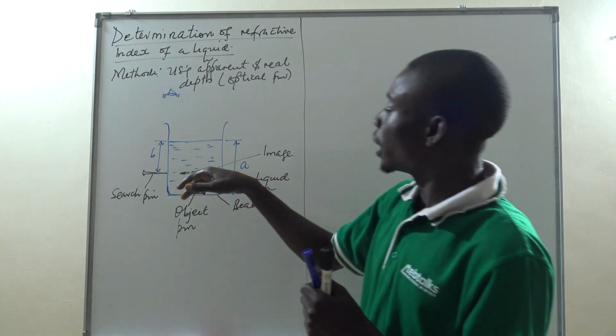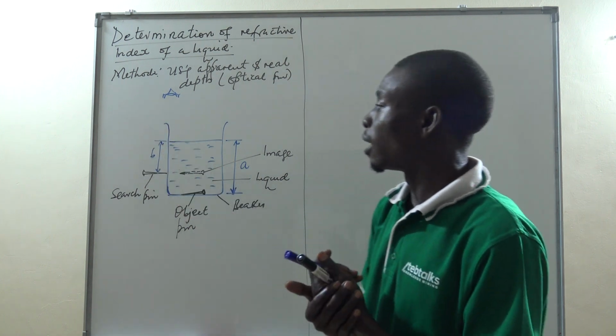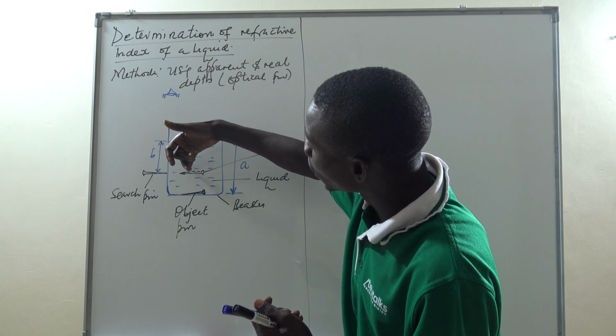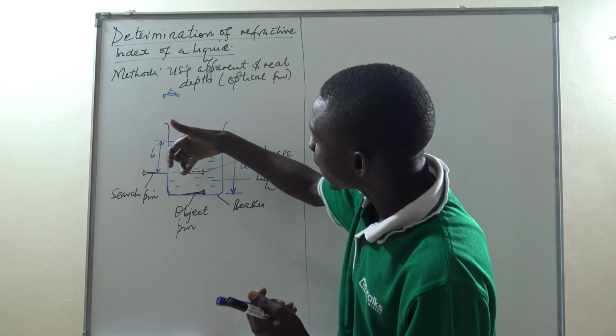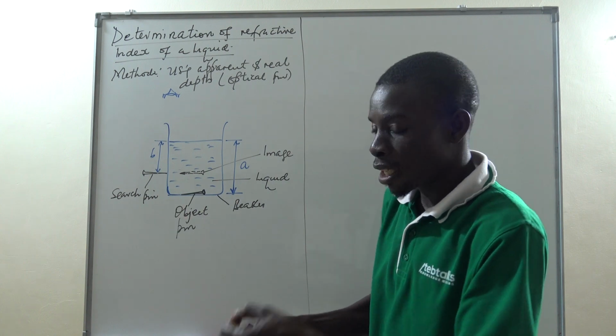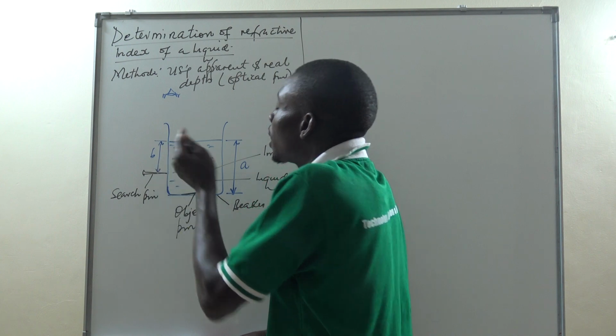Now, what you do is, you get another pin, you keep moving it outside the beaker. As you're seeing the image of this, you keep moving this to locate the level at which this one is seen to be raised.